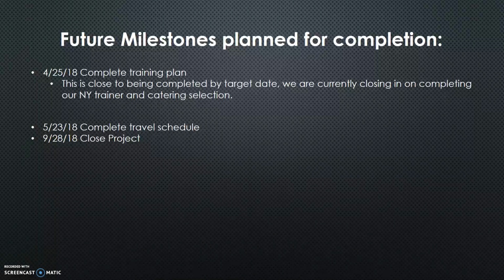We're currently closing in on completing our New York trainer and catering selection tasks. Once that's completed, we'll complete that milestone and then move on to the next ones, which is completing the travel schedule on May 23rd, and then obviously on September 28th, we're scheduled to close the project pending any unforeseen incidents.